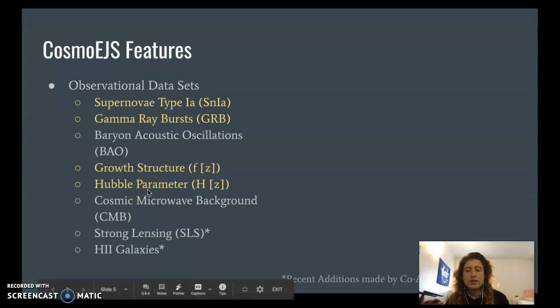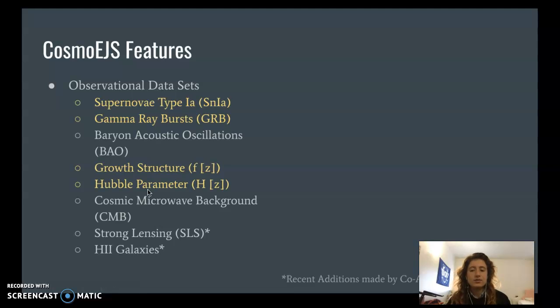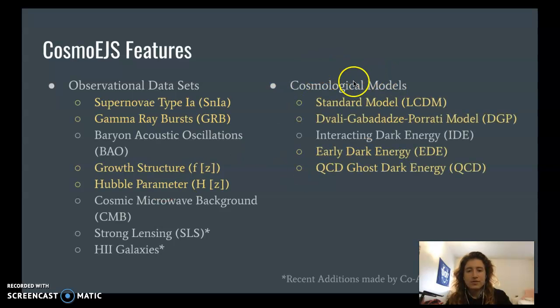And this parameter uses both late and early universe data, which is particularly used when we will talk about the Hubble tension. In addition, we have a variety of cosmological models available.